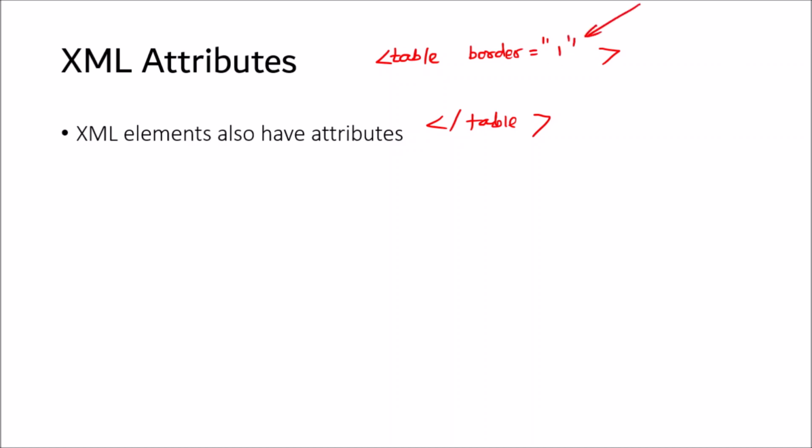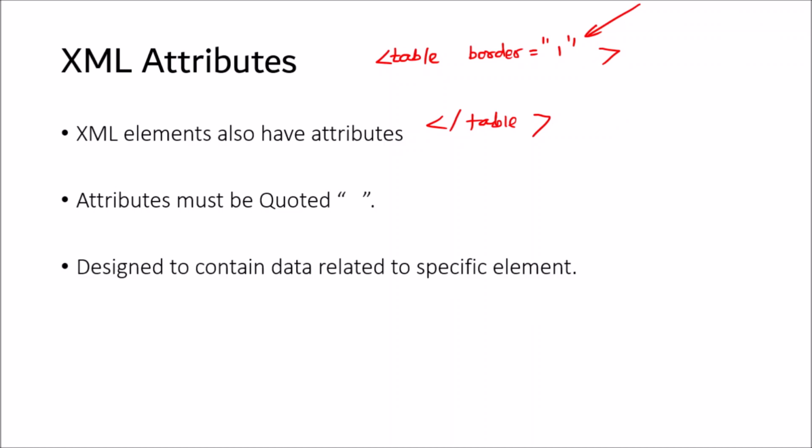In case of XML also, there are attributes, and the attribute values must be quoted in double inverted commas or single inverted commas. XML attributes are designed to contain data related to a specific element.